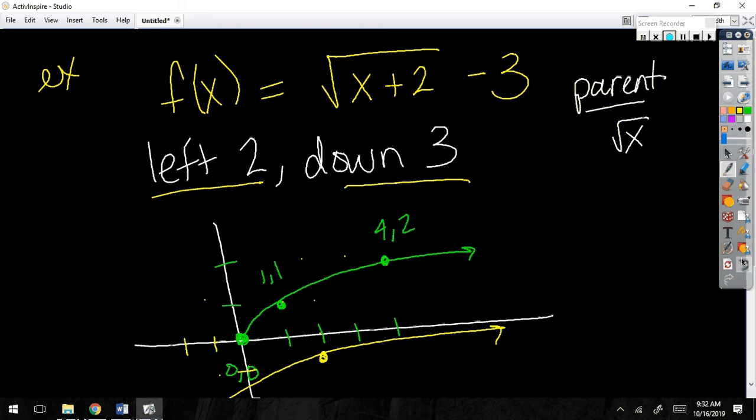Translations are the easiest of the transformations because all they do is slide. Everybody okay on that? One more example with some translations, and then by the time we're done, we'll put all the transformations together.